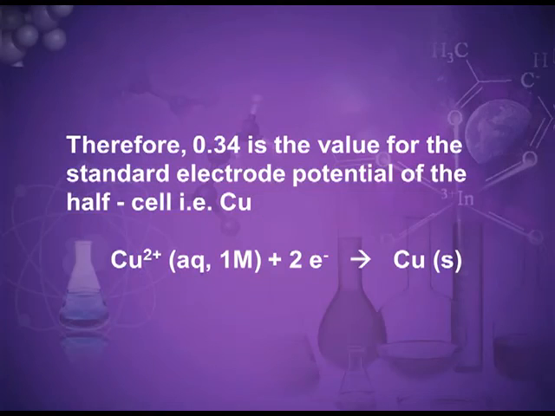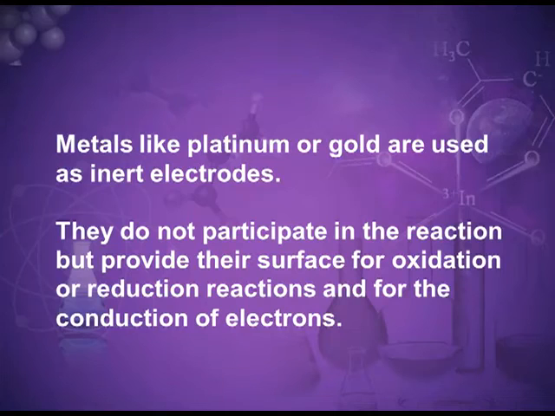Just by taking the values from the electrochemical series and putting these values in the formula E cathode minus E anode, we can find out the cell potentials without actually connecting the two half cells. And let me once again tell you the use of the platinum electrode. It is an inert electrode and it just provides the surface for the inflow and the outflow of the electrons.